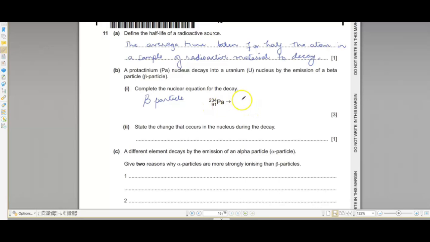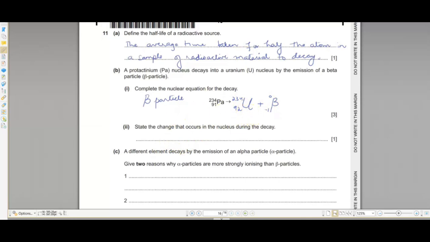So this is going to give us uranium, with 234 and the proton number 92, and obviously a beta particle has also been emitted, so 0 and -1 is going to be here. Just let me change this. It looks like chlorine, so let's write a clear-cut U over here so that it represents uranium.